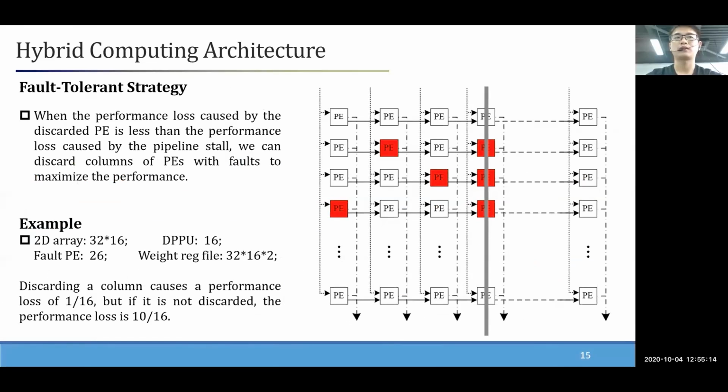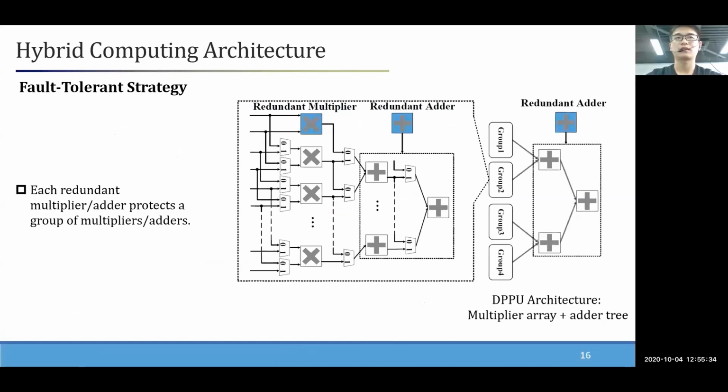When the number of faulty PEs further increases, the repair time of the DPPU will degrade the performance of the entire system. To avoid the performance degradation caused by the stall of the 2D computing array, we discard the faulty PEs such that the DPPU can mitigate the risk of the faulty PEs. In order to improve the flexibility of the DPPU, we have added redundant operators to the DPPU.